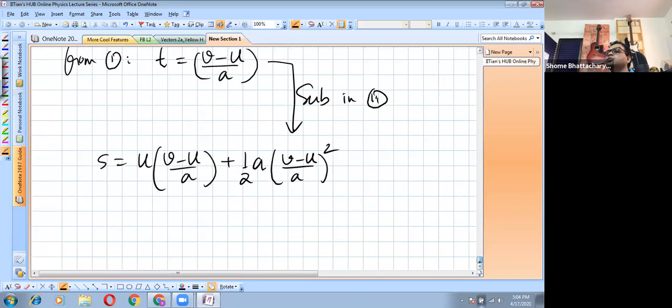We just simplify this a little bit. It's quite easy to show that this will give us v square is equal to u square plus 2as. Just take v minus u common over here, and you can take 1 by a also common. The first term is giving us u. In the second term, when you open this, it's a upon a square, so it's again 1 by a in the denominator, which I've taken outside.